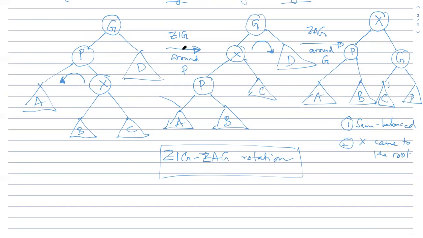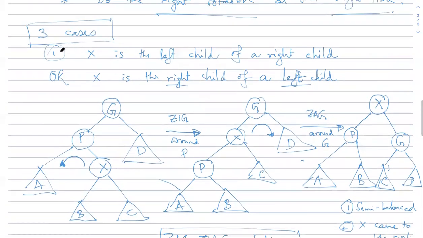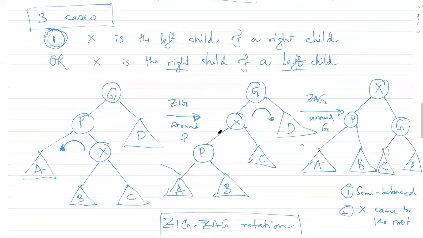If this is still not the root level, you will keep doing these kinds of rotations until you bring X to the root level. That series of steps taken over a node to bring it to the root level is what is called the Splay operation. And we are just learning some of the building blocks of the Splay operation.